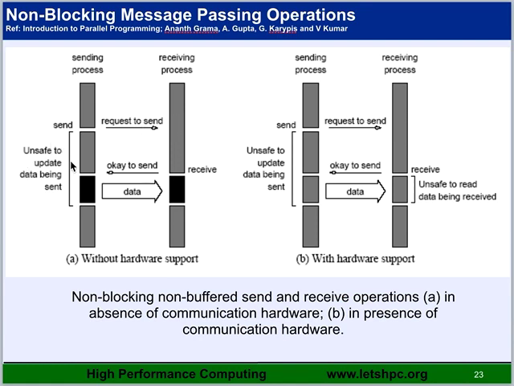And so during this time, instead of getting blocked, it has resumed its future operations. This is the unsafe period. So it is unsafe to update the data which is to be sent to the receiving process.